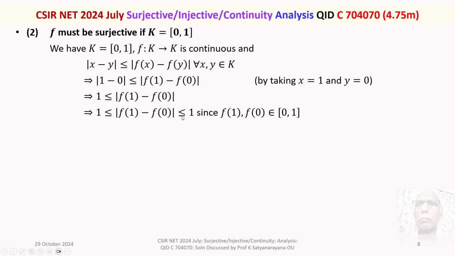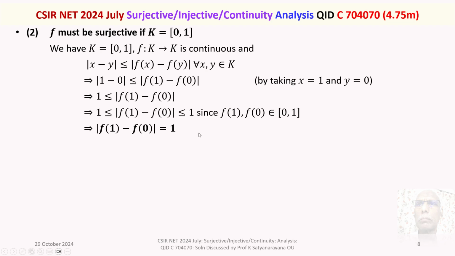Why is it less than or equal to 1? Because f of 1, f of 0 belong to the closed interval 0 to 1. Their difference is less than or equal to 1. So that means it is a sandwiching. So this will imply mod of f of 1 minus f of 0 is 1. That much I can say.